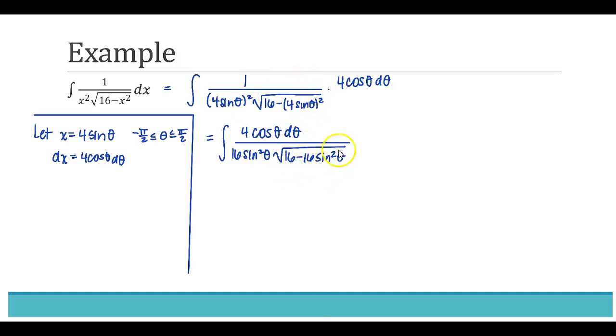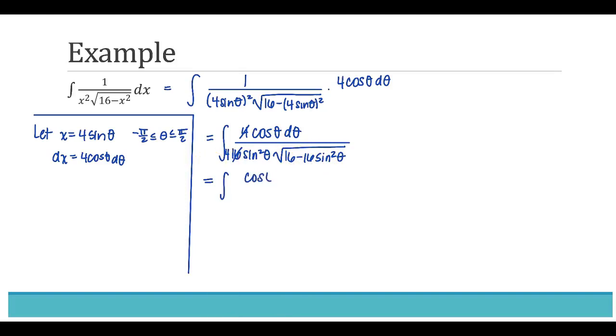All right, so from here, I can do a couple things. I can cancel the 4 into the 16. So the 4 will disappear, and this 16 will become a 4. And then underneath this radical, they both have a 16 in common, so I can factor it out.